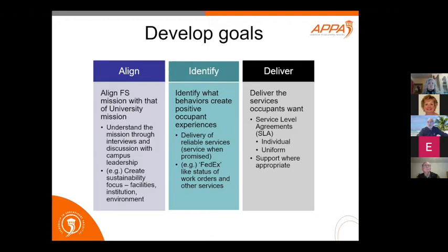You might focus on environmental sustainability. You might focus on something else. You identify what behaviors you're trying to create and get positive occupant experiences. That's your customer service goals, or the goals that help you achieve the overall objectives of the institution.